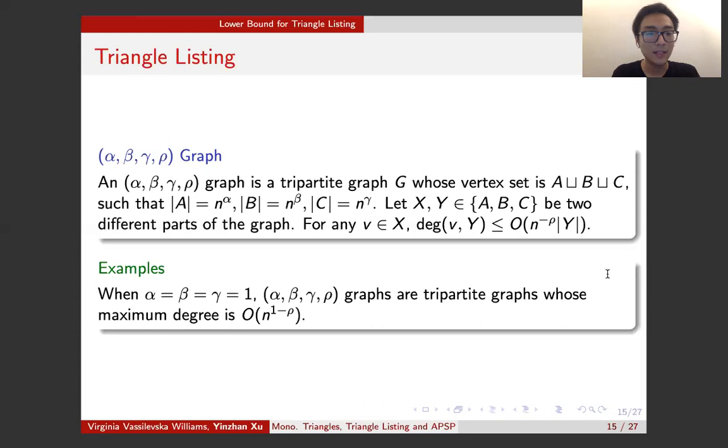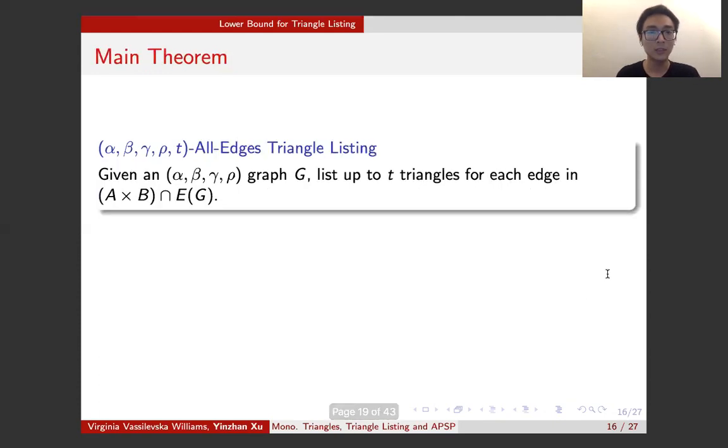Okay, let's see an example. When alpha equals beta equals gamma equals 1, alpha beta gamma rho graphs are just tripartite graphs of n vertices, whose maximum degree is O of n to the 1 minus rho. And we can define triangle listing problems on such graphs.